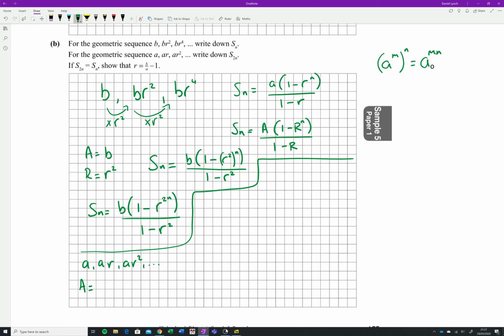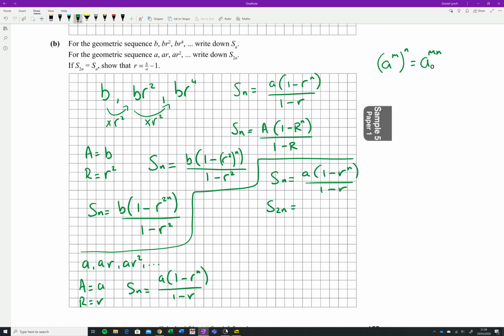S of n is equal to A times 1 minus r to the n over 1 minus r. That's the definition, but that isn't quite what they asked. They asked us to find S of 2n. So if we write that out again, when we place n into the function, you can think of it just like a function.